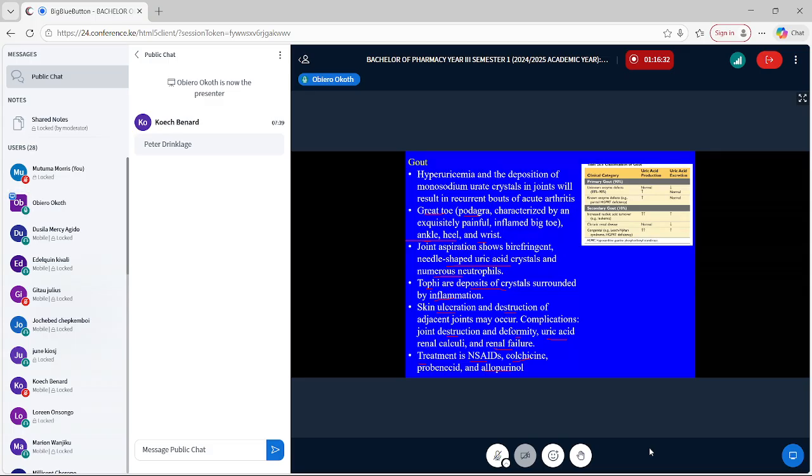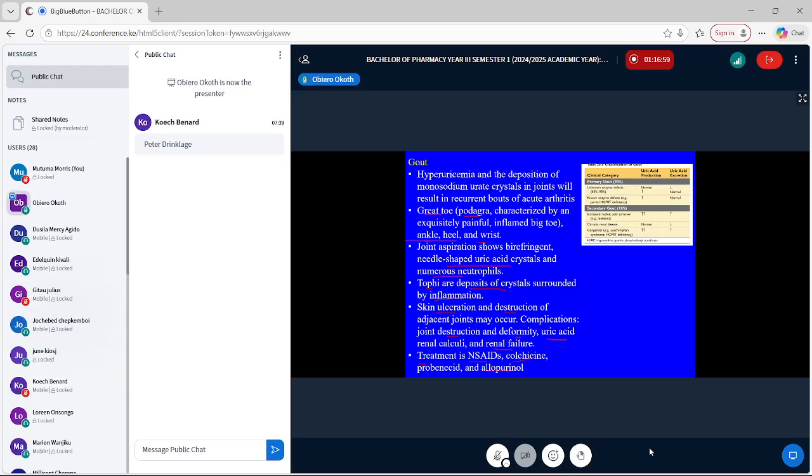Probenecid is a uricosuric drug, meaning it will increase excretion. Yes, allopurinol blocks the enzyme necessary, actually xanthine oxidase. So the uric acid levels are reduced.